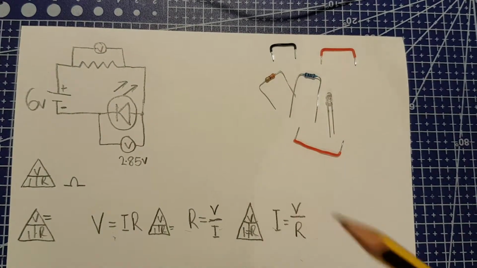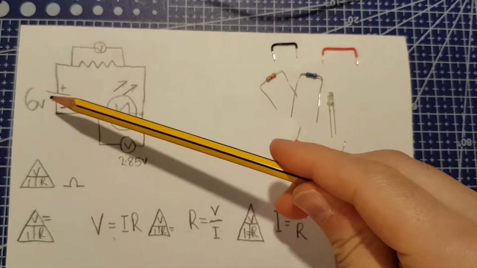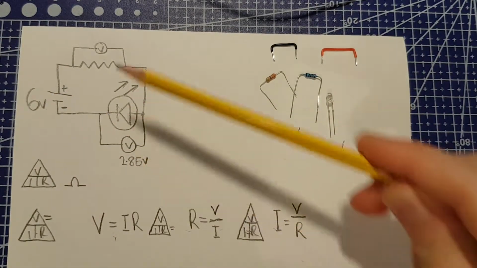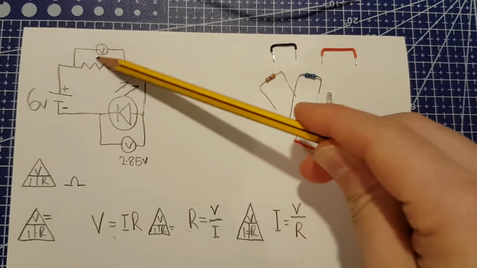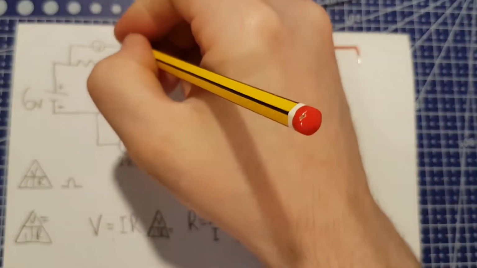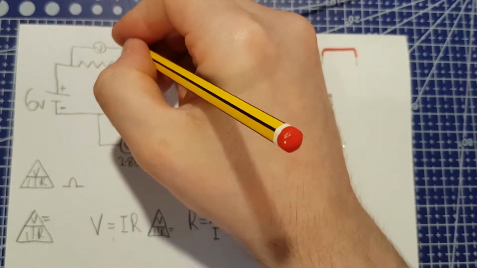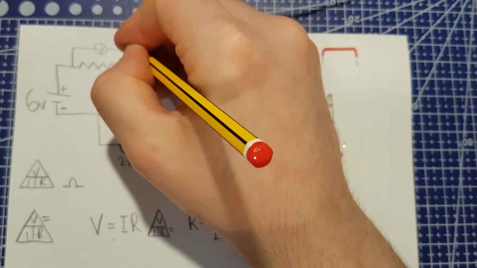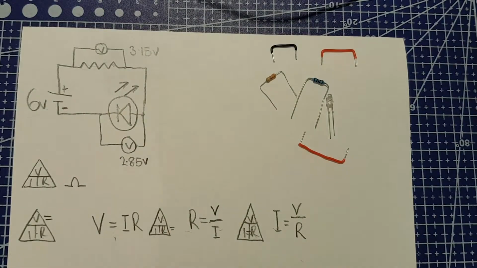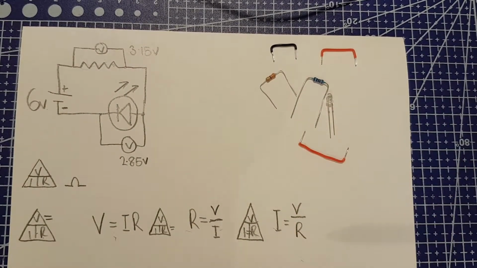And that means that the power supply minus this voltage here has to equal this voltage here, because that's all that's left after this has been taken out of this. So the voltage across our resistor is actually going to be 3.15 volts.